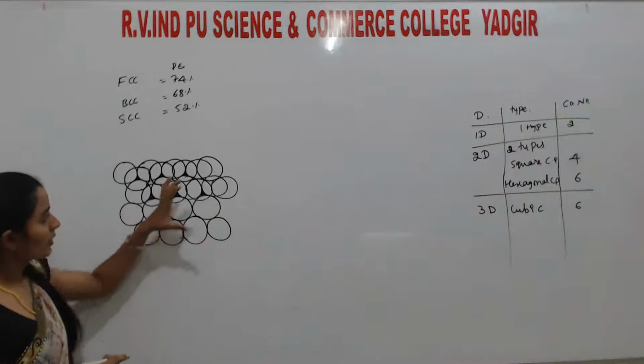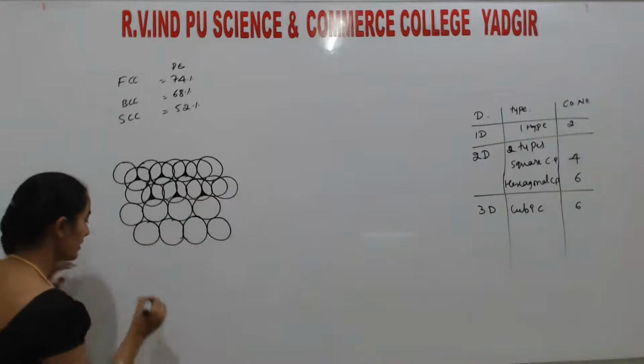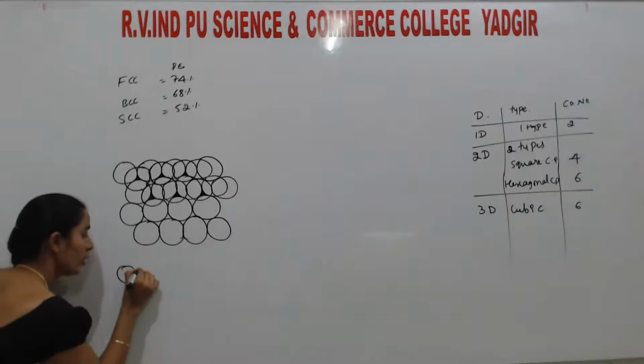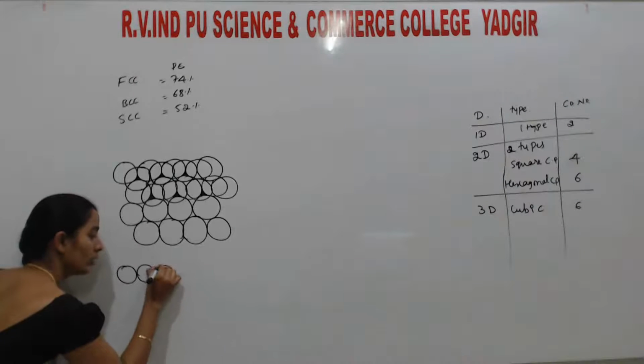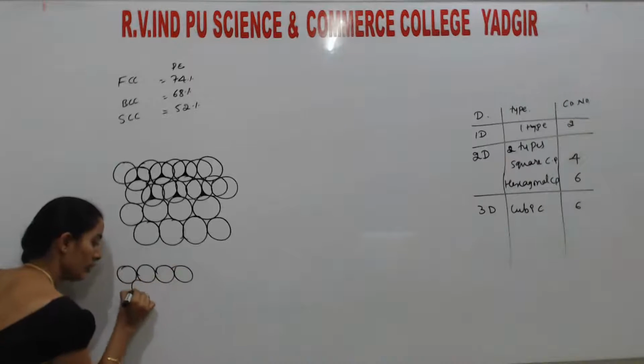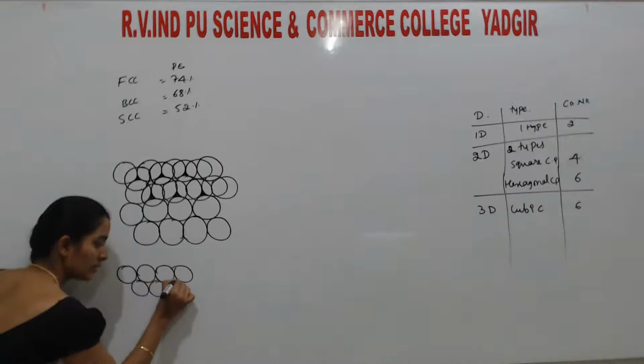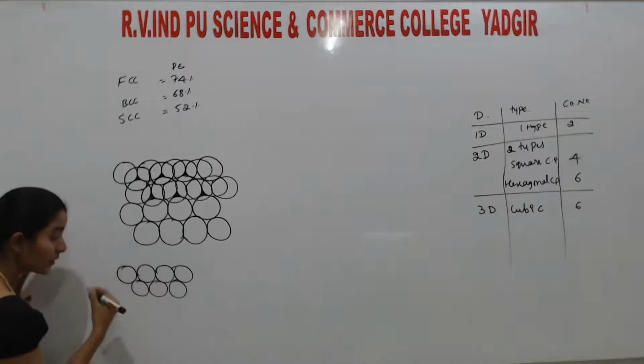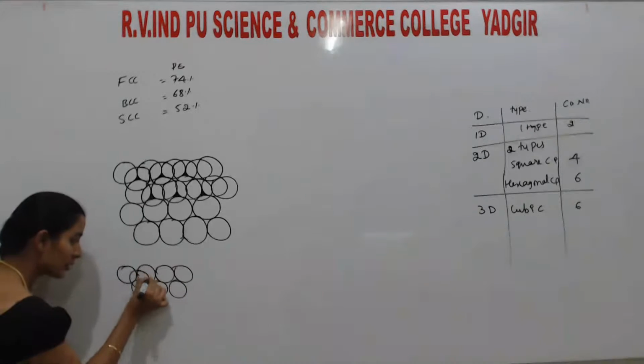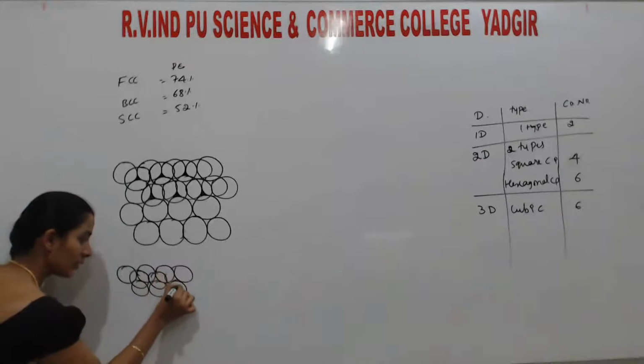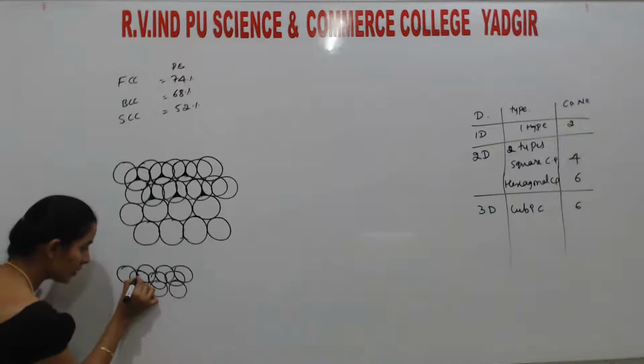Okay, when the first layer, and just to show you like this, 1, 2, 3, 4, 5. This is one layer. The second layer is at the depression, like this. Meaning these are closing here.